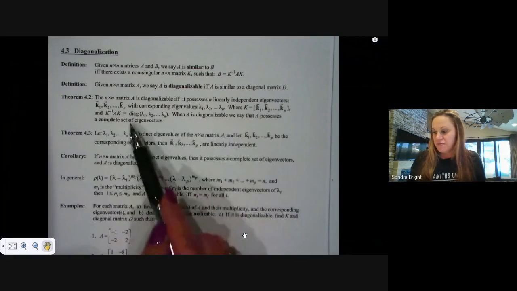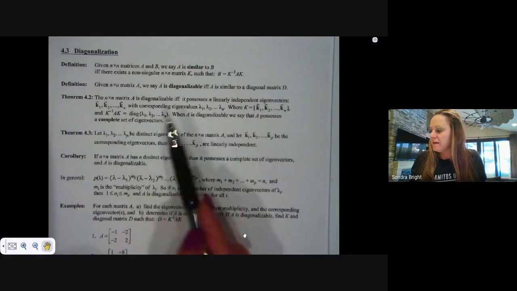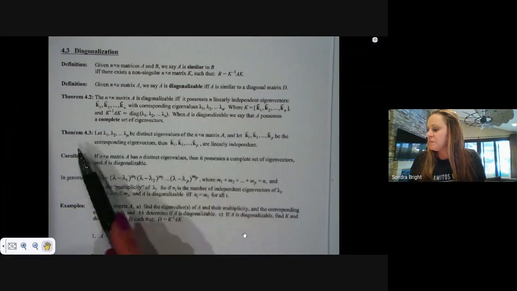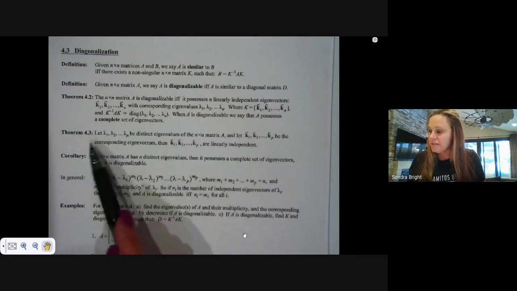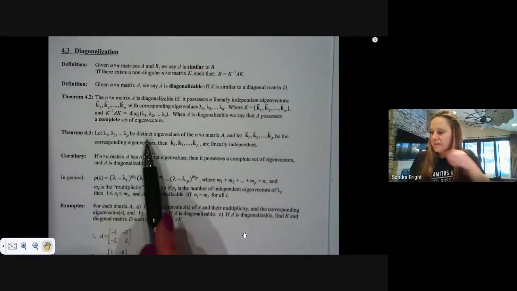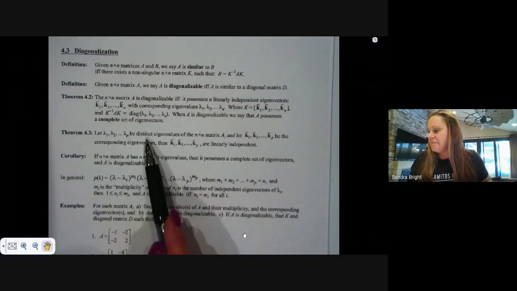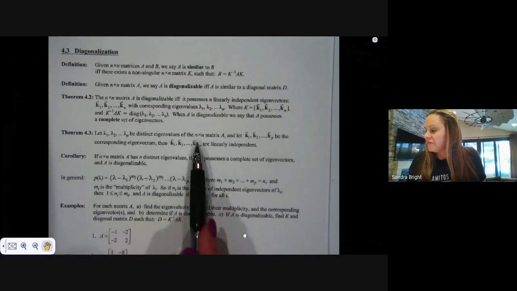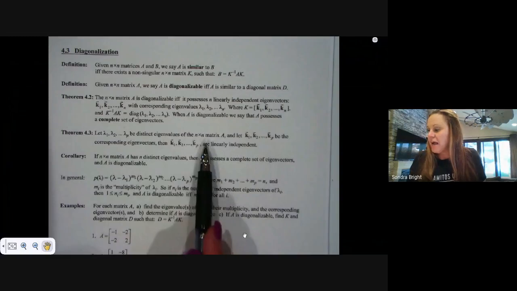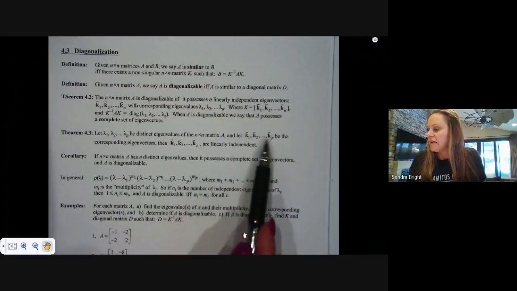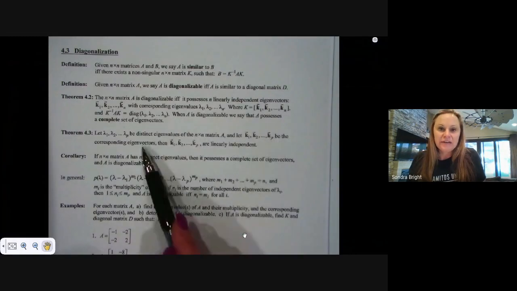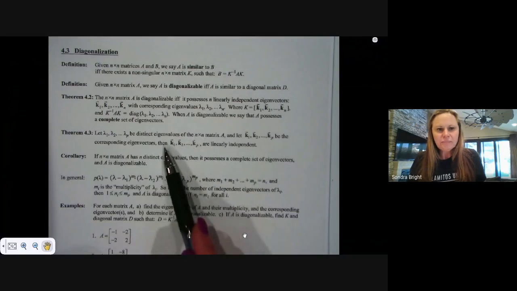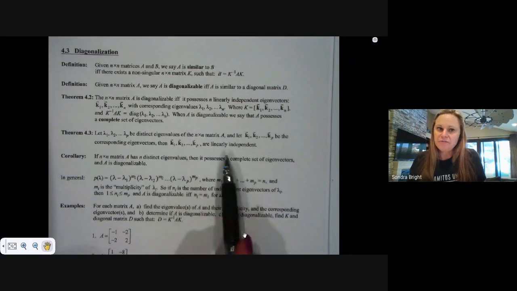I'm pretty sure I gave you this one on Friday also: if we let the lambdas be the distinct, meaning different, eigenvalues of the n by n matrix A, and let the k's be the corresponding eigenvectors, then those eigenvectors are linearly independent. I think that's where we stopped on Friday.